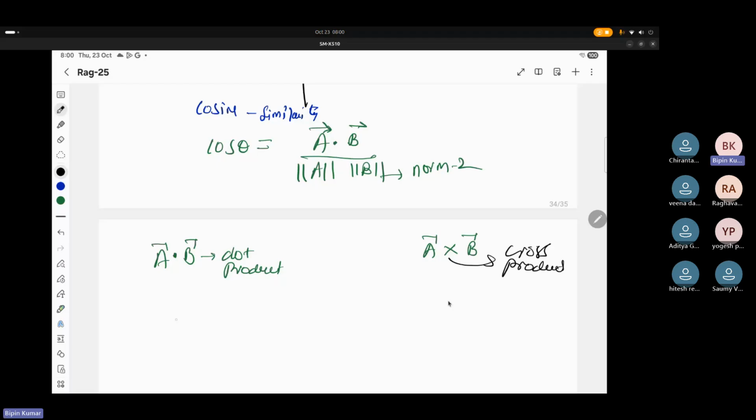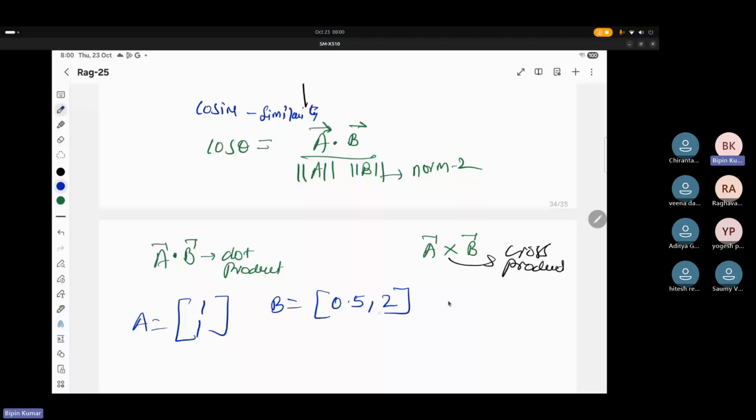So let's say I have to do a dot product. In the dot product, let's say I have two vectors, the same thing: a is 1, 1, and b is 0.5 comma 2.